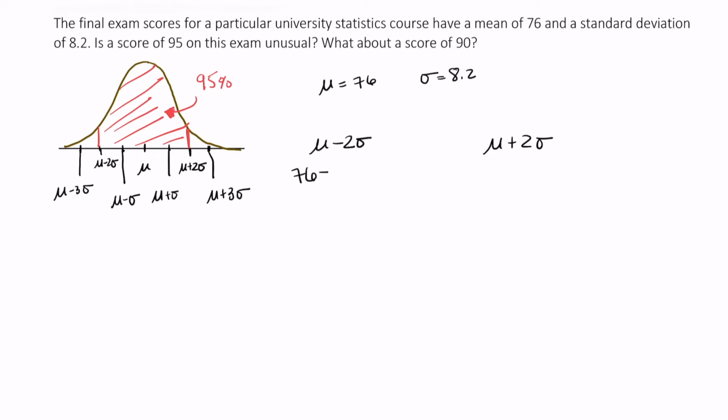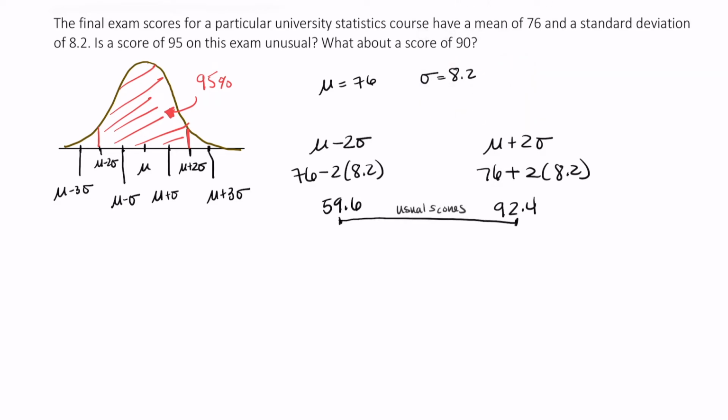So 76 minus 2 times 8.2 and 76 plus 2 times 8.2. So here we get 59.6 and here we get 92.4. This tells me that our usual scores are somewhere between these two values. And anything in this direction or this direction, these are unusual values.